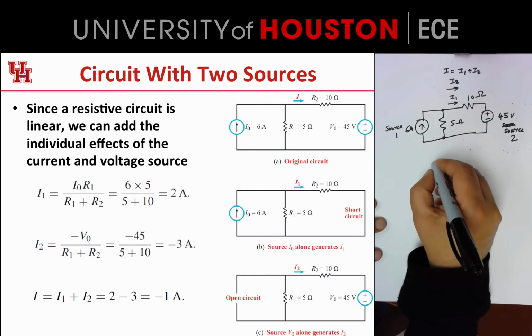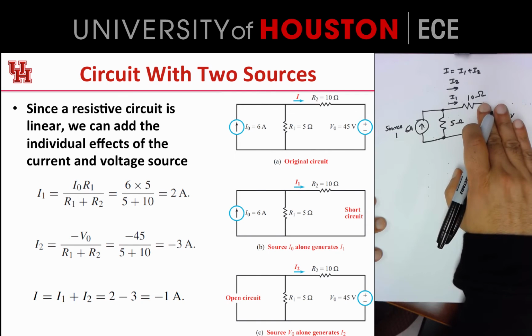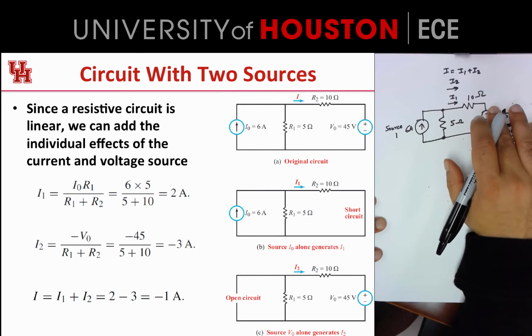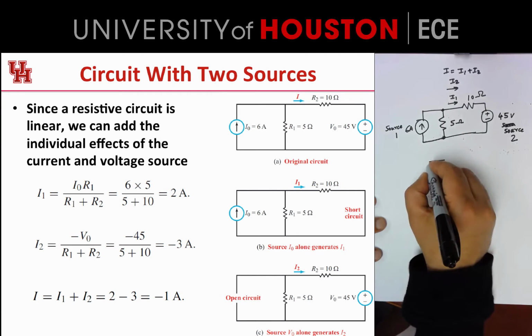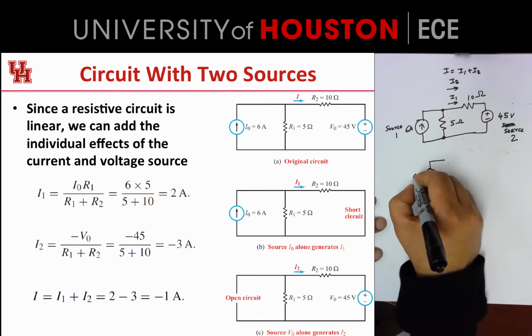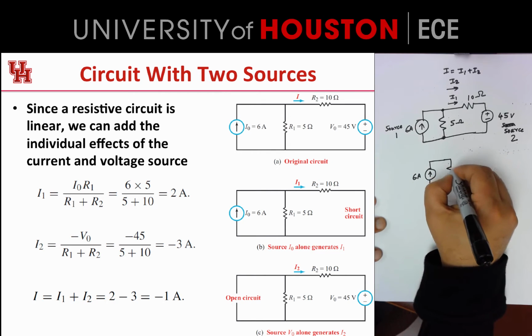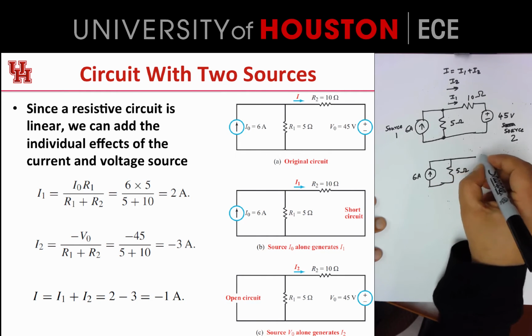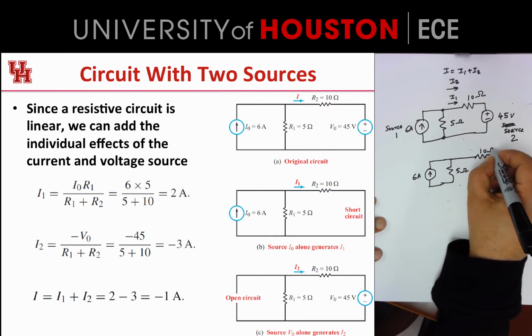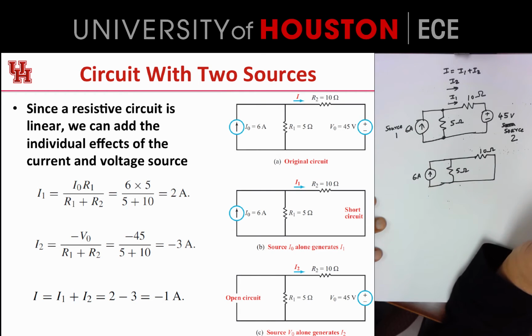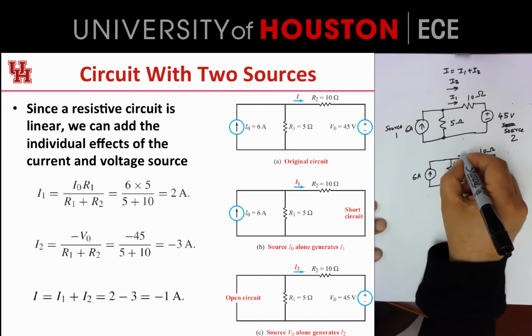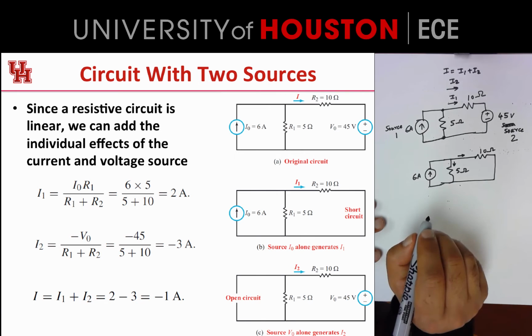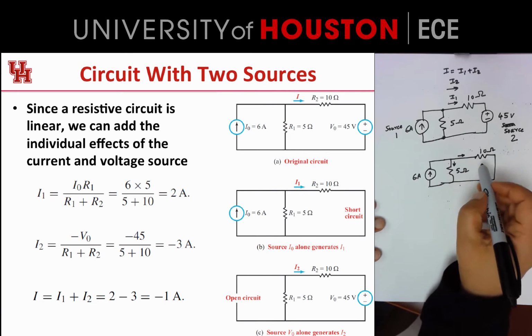So what I can first do is get rid of this source. The way to get rid of a voltage source is by simply short circuiting it. So I've got this current source of 6 amps, this resistor of 5 ohms, a 10 ohm resistor here, and this short circuit. This 6 amp current is going to get split into two different currents, and it's going to happen in the inverse ratio of these two resistances.